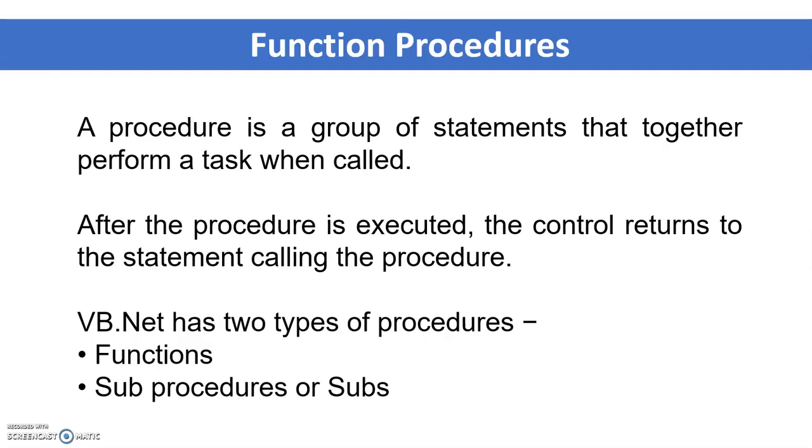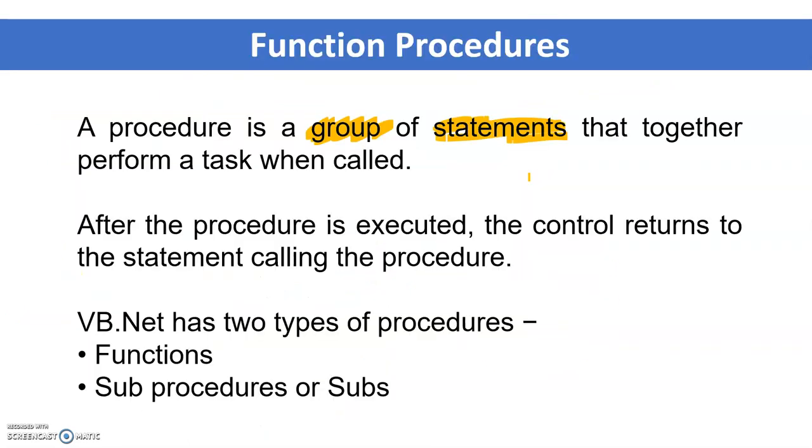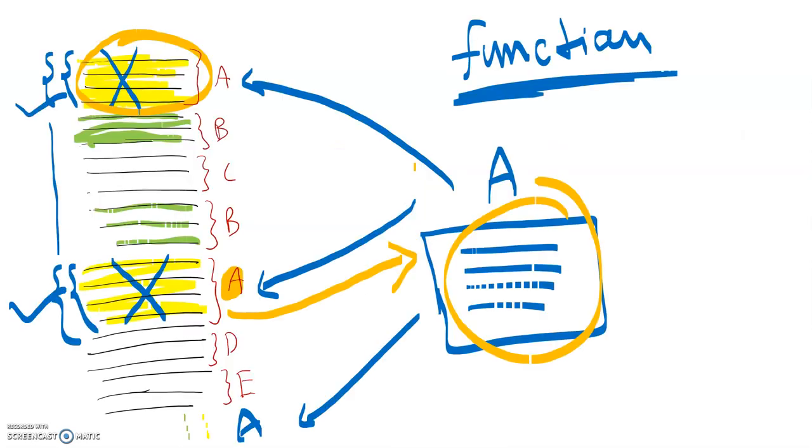So what is a function procedure? As we have just discussed, a procedure is a group of statements that together perform a task, but it performs only when it is called.